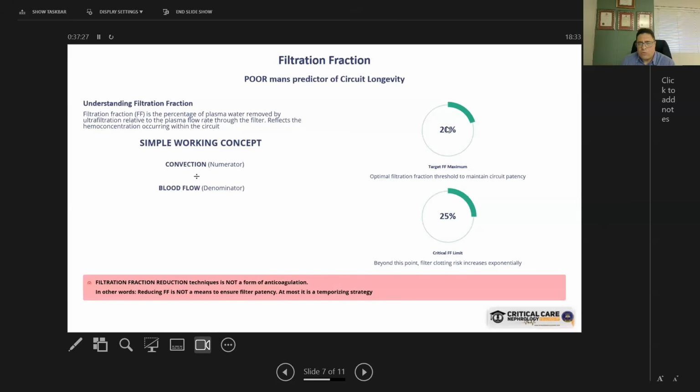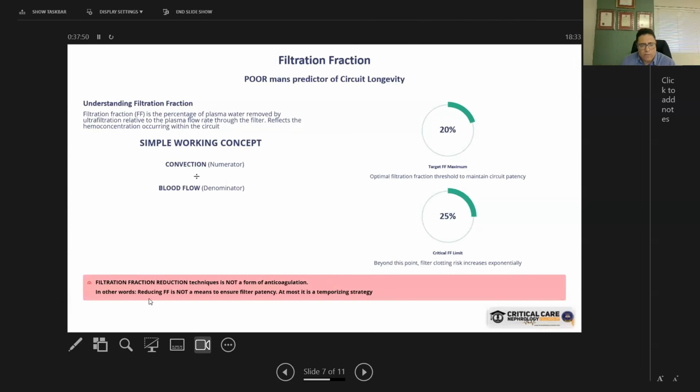As was said before, we aim to keep it well below 20% and really as low as possible below that level. But once you get to a filtration fraction above 25, you're looking at a very high risk of the filter clotting. But I want to stress this important fact: filtration fraction reduction is not a form of anticoagulation.